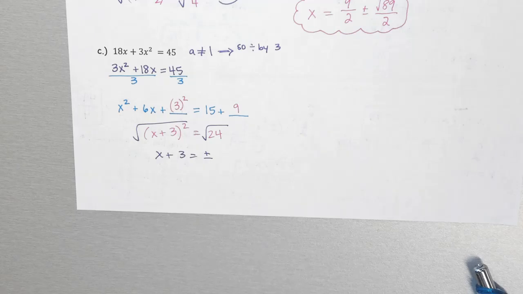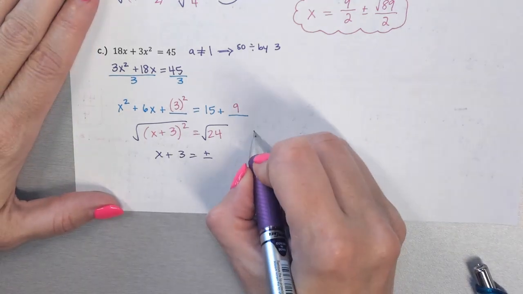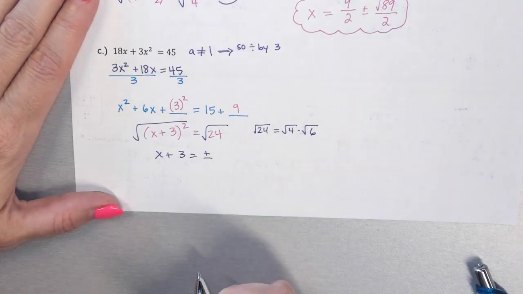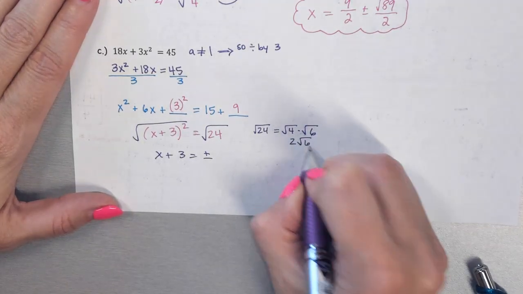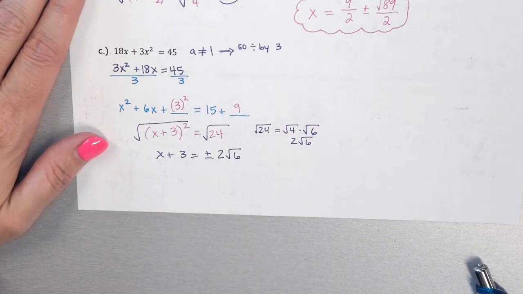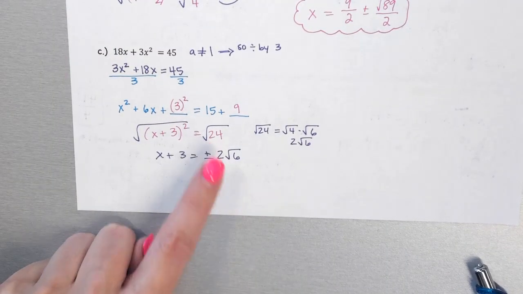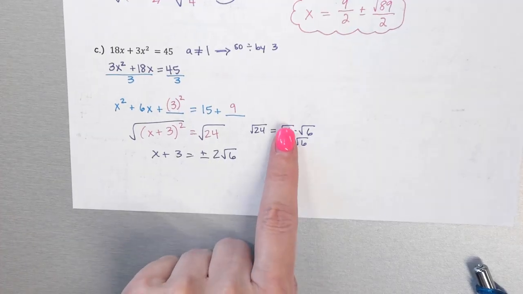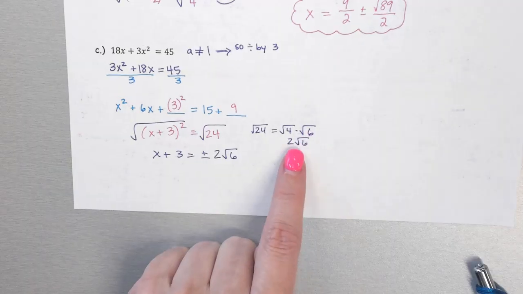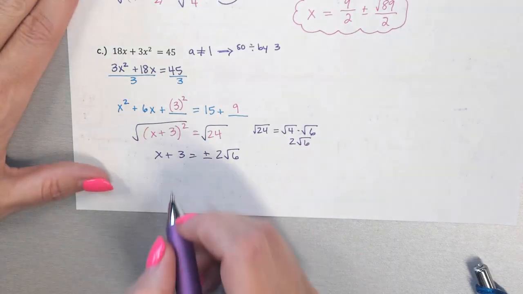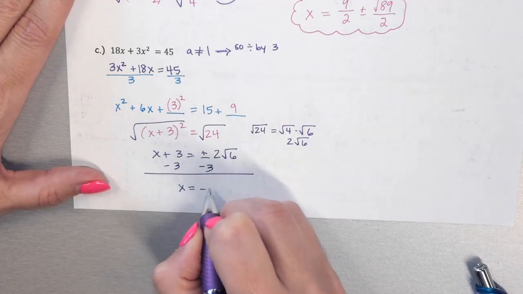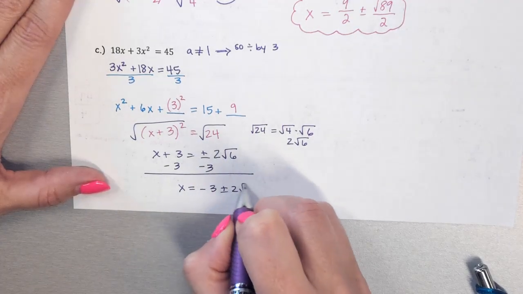Okay, so square root of 24 is the square root of 4 times the square root of 6, which simplifies to 2 root 6. So that's what we're going to write here. Okay, you can go from here to here. I just know some people are still having trouble visualizing how to simplify, so I'm writing that out for you. Okay, so then x is going to be negative 3 plus or minus 2 root 6.